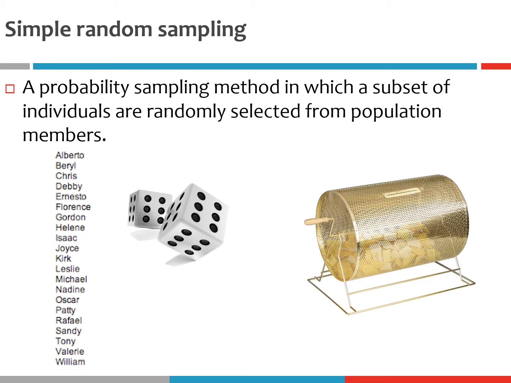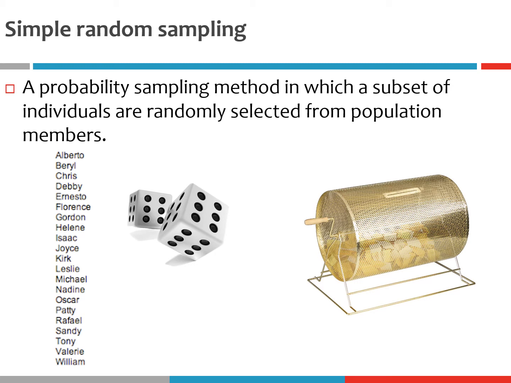Well, the easiest thing to do might be to take your list of participants and write each name on a slip of paper and place it in this little drum thing here, right? And shaking all the names up and selecting one at a time, right? That way you've got some people at the beginning of the alphabet, some people at the end, some people in the middle, and so on, right?